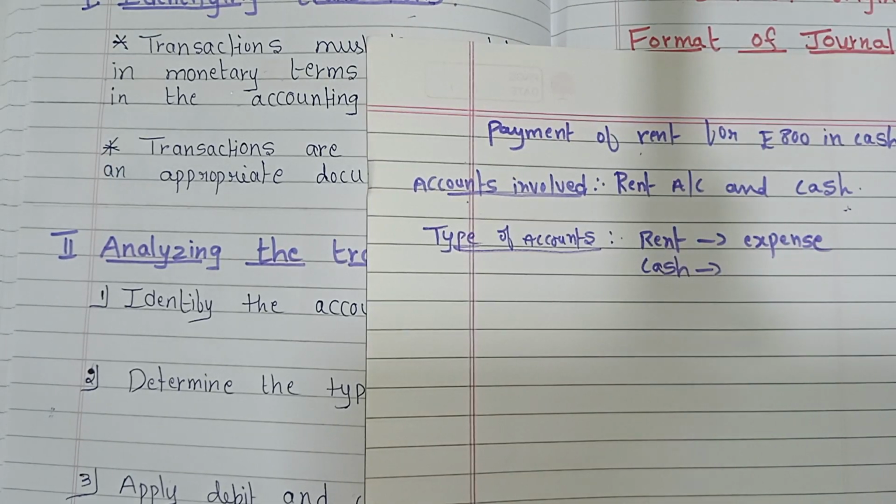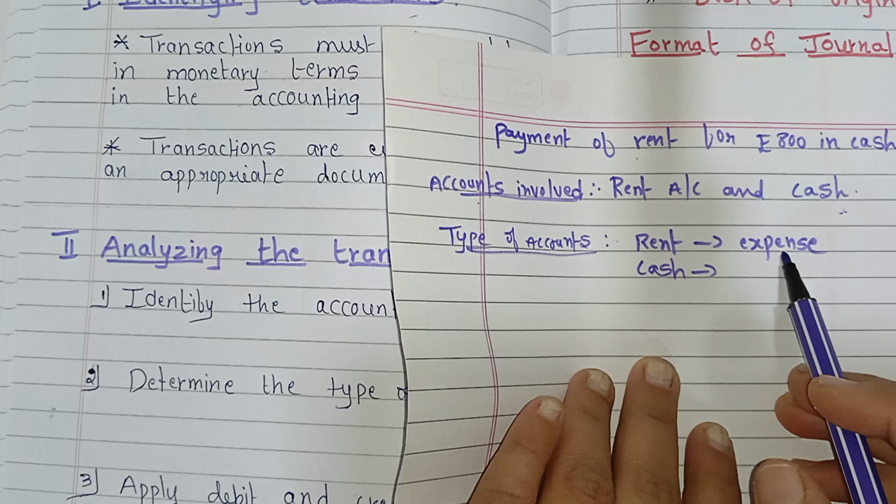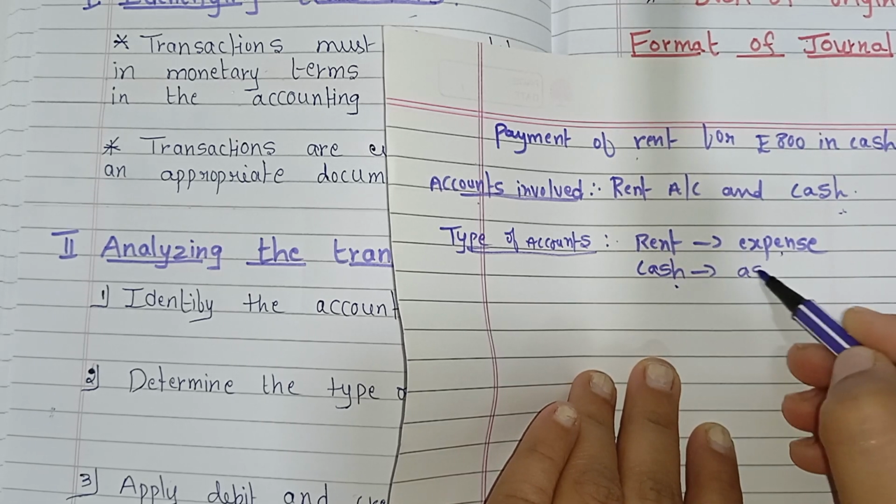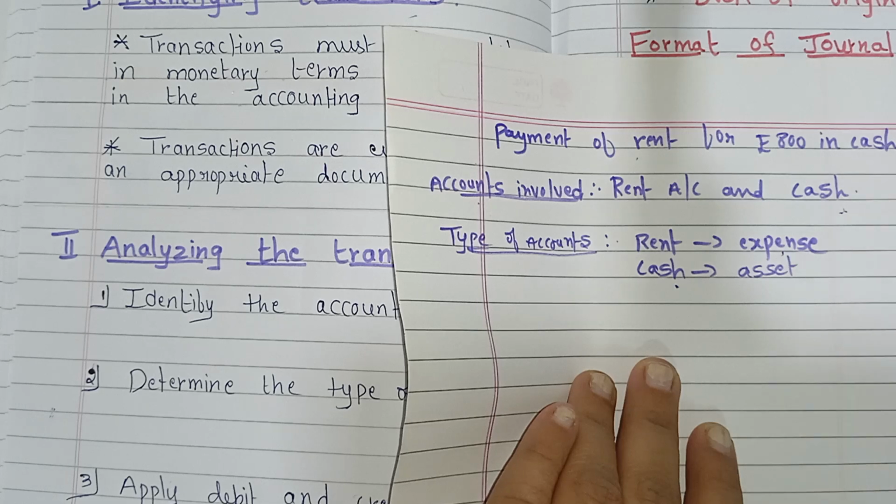Now we have to classify the accounts as to whether they are assets, liabilities, equity, revenue, or expenses. Rent will come under expenses account, and cash will come under asset. Fine.